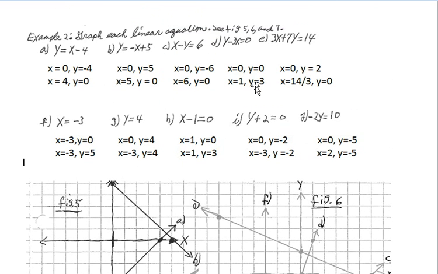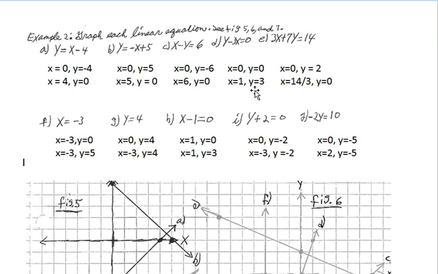Then we'll move to equation D, which is y minus 3x equals 0. We can rewrite that equation if we choose to as y equals 3x. Either way, we let x equal 0 and solve for y, which is 0, and so the x and the y-intercepts are the same here.